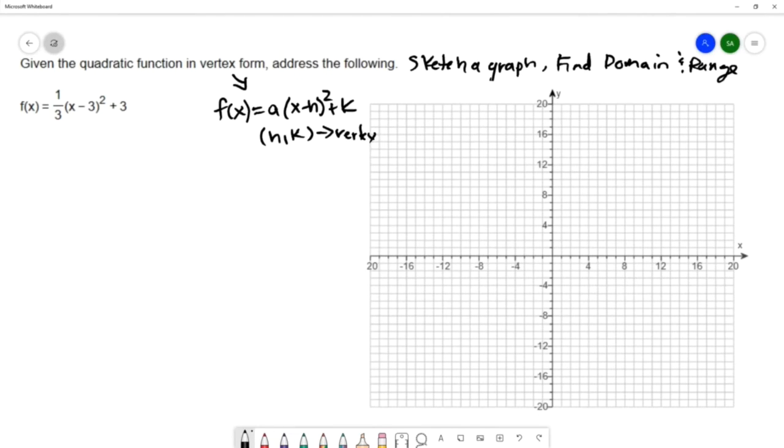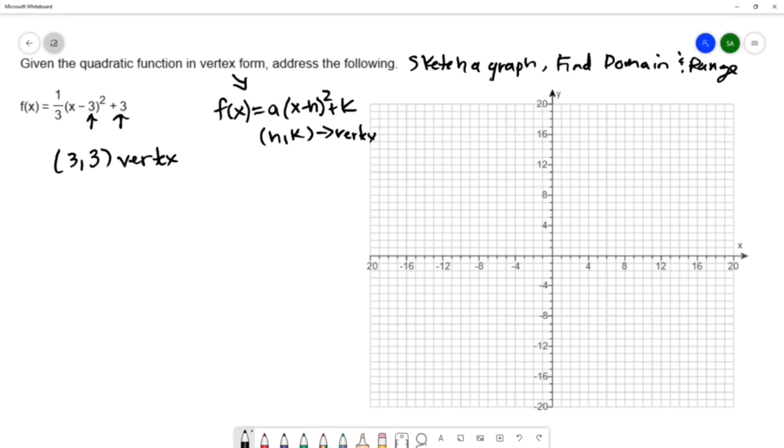So looking at our example, you can see the h and k being 3 and 3. So we have the vertex of the parabola. This provides information on how we're going to draw that parabola, where that vertex is.